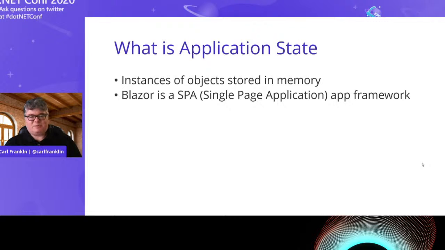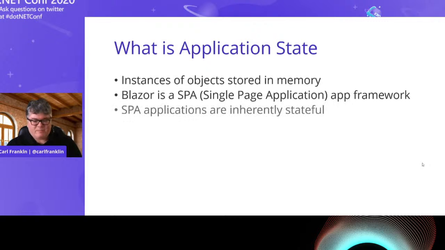Because Blazor is a SPA framework, SPA applications are inherently stateful. So it's kind of important sometimes that your application knows what all those variables are, not only to be able to access them across components and pages, but just in case things happen, you might want to persist those variables in that application state and then reload it later.